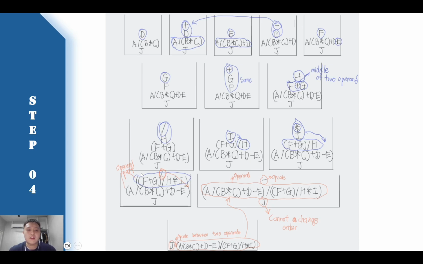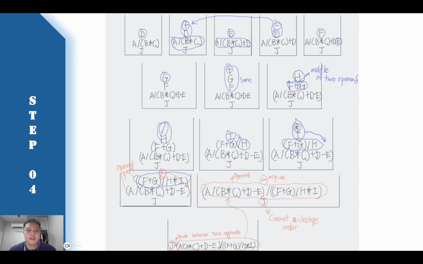And then we just put the opcode between these two big operand parts, and then these two operand parts will combine together, and then finally we meet our last opcode, right? And then don't forget to combine J with the big operand part by putting the subtract between them.